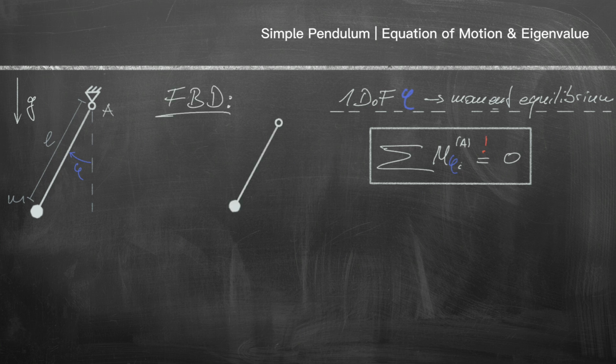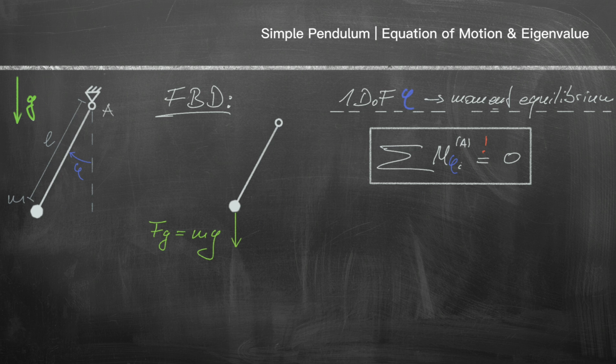First, we draw the free body diagram and include all moments that act with respect to phi. Let's start with the gravitational force. This force acts downwards and creates a downward-directed weight force at the mass point, proportional to the mass and the gravitational acceleration. Therefore, Fg is equal to m times g.